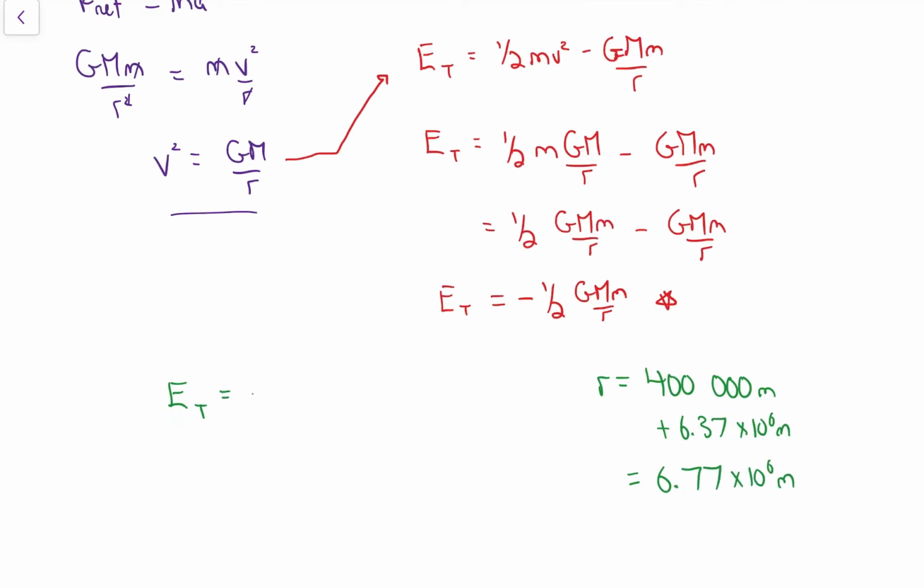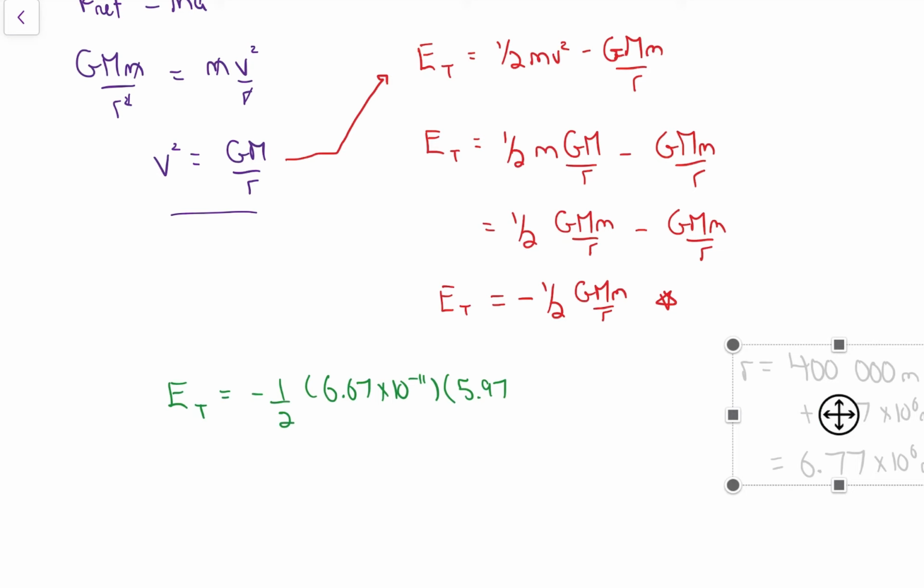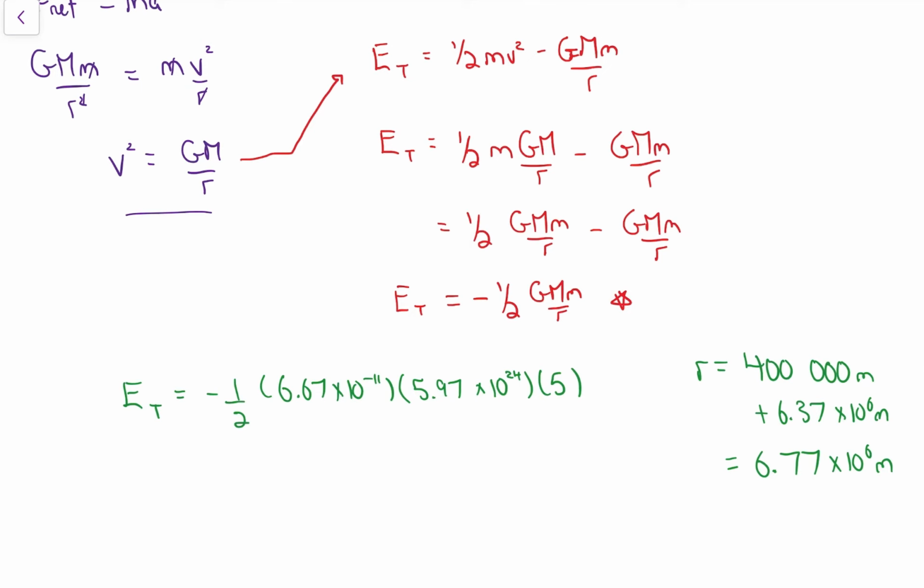So our E total is negative 1/2 the G value, 6.67 times 10 to the negative 11, the mass of Earth, 5.97 times 10 to the 24, and then the mass of our bowling ball, which was 5. All of that divided by the r value, 6.77 times 10 to the 6.